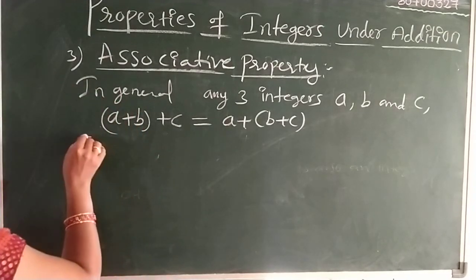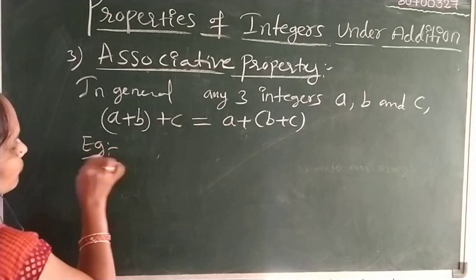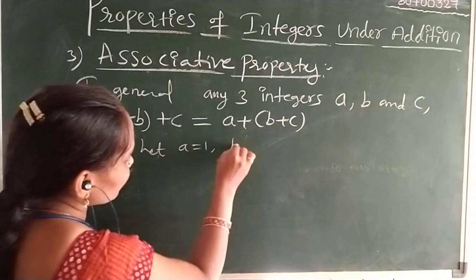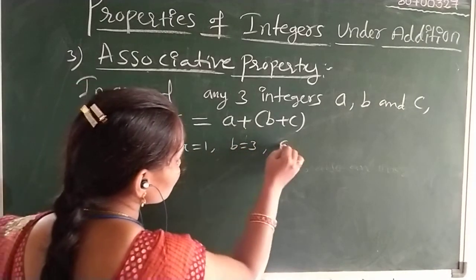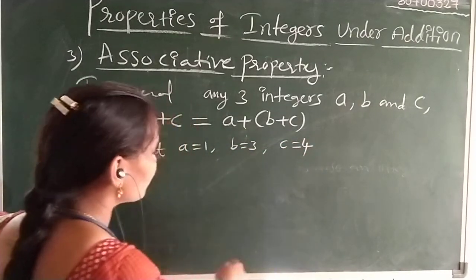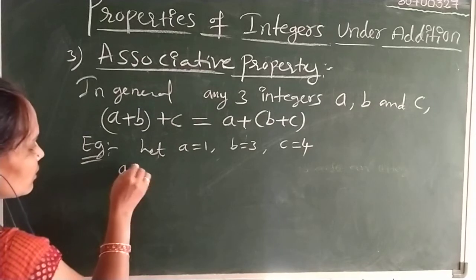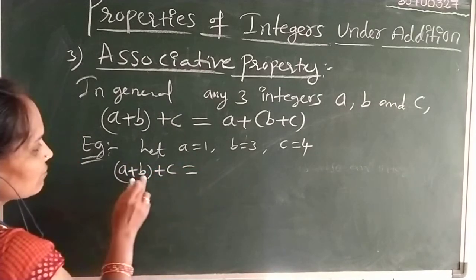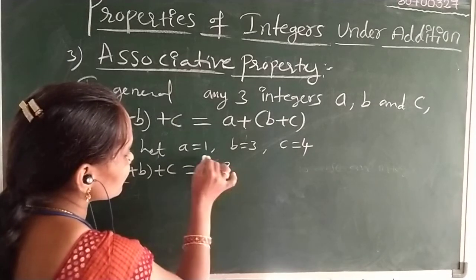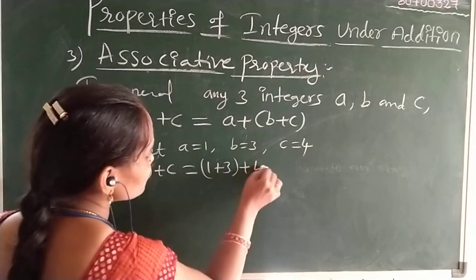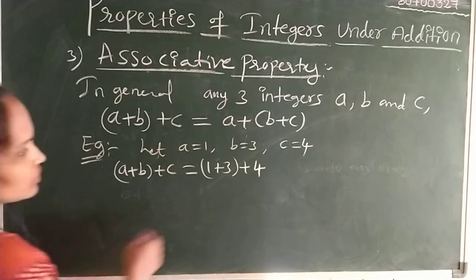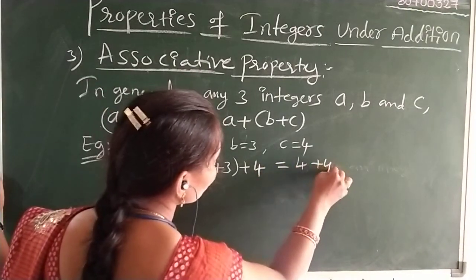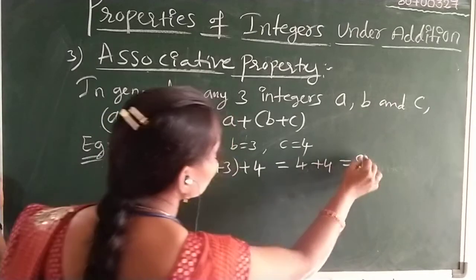Once I will show you through an example. Let a is equal to 1, b is equal to 3, c is equal to 4. Just an example. See how we are getting the same answer. (a plus b) plus c: 1 plus 3 is 4, plus 4, 8.